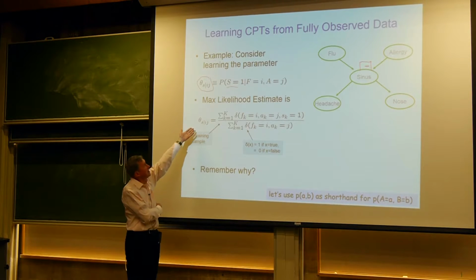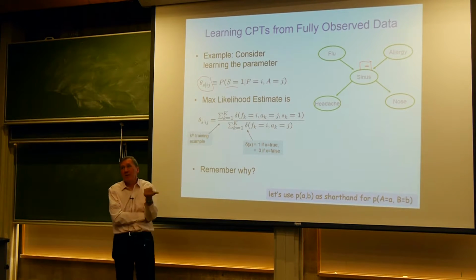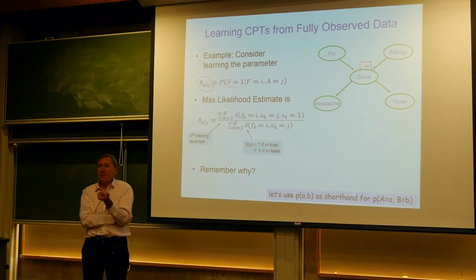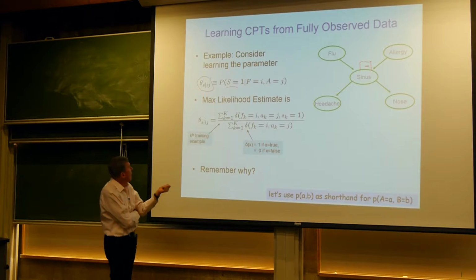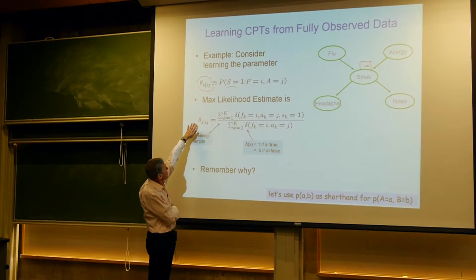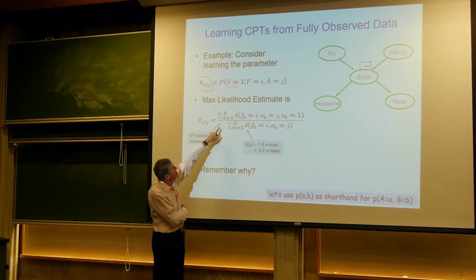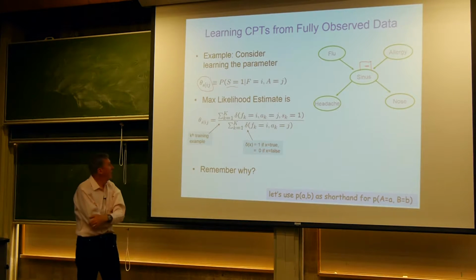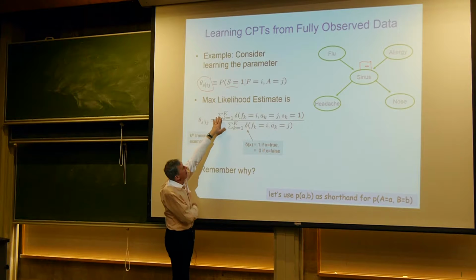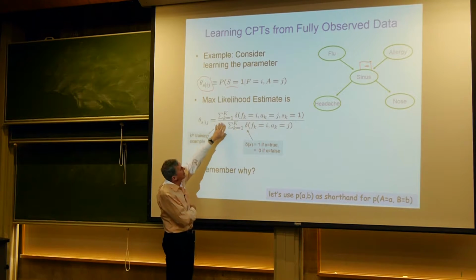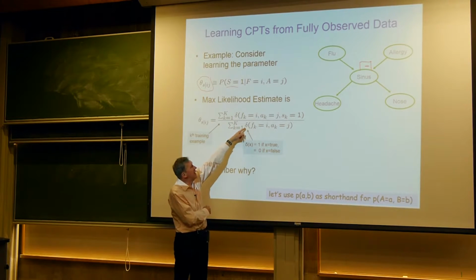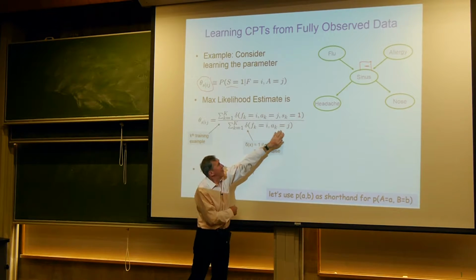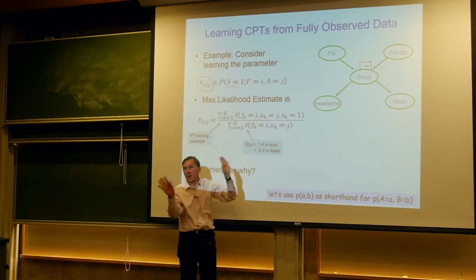And the good news is that's just like our old coin flipping maximum likelihood estimate problem. All we have to do is look over our training data, and here if I use K to index into the kth training example, I just want to sum over all the training examples. And here I'm using a notation where delta is just an indicator function. It's 1 or 0. It's 1 if the argument is true, and it's 0 otherwise.